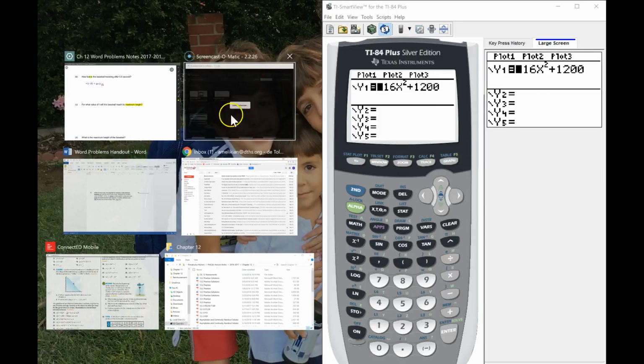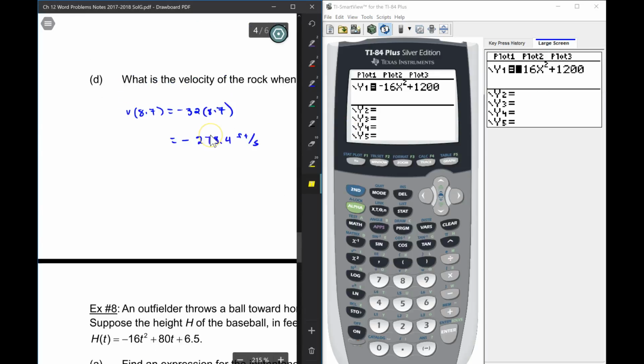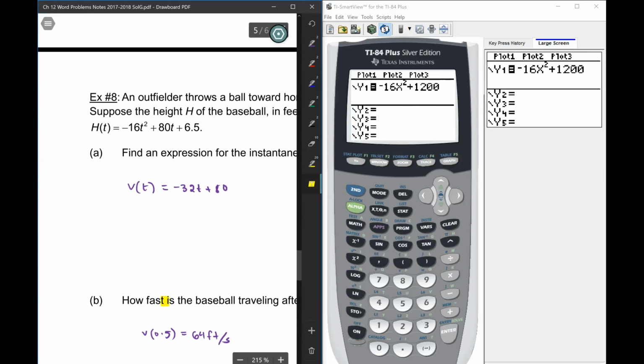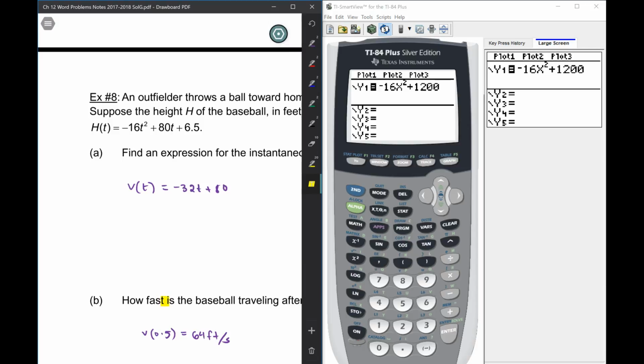For this problem, this part we have to drop. How else would you find it? Let's graph it and see what we can do here.